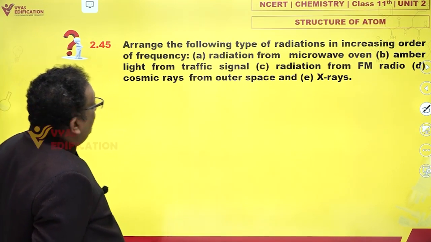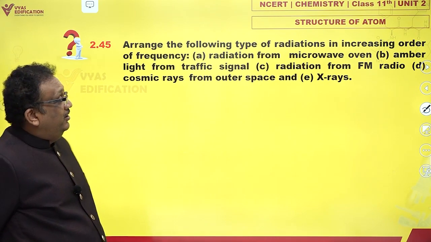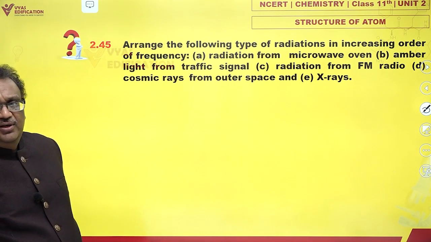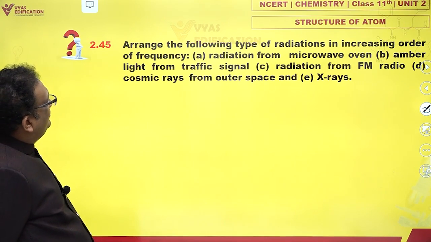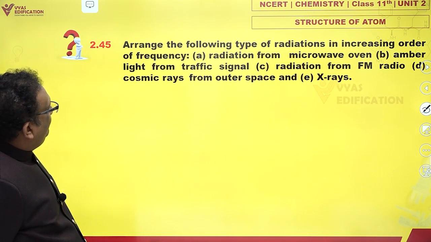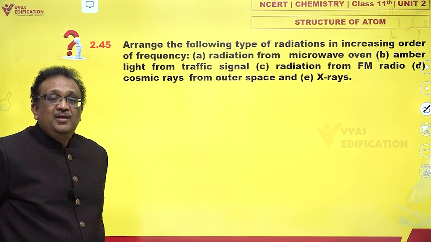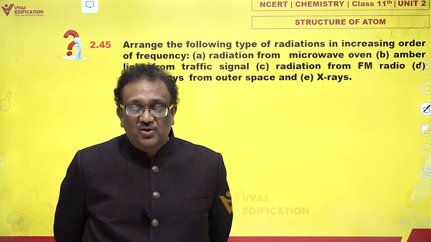Arrange the following types of radiations in increasing order of frequency. A. Radiation from microwave oven. Well, microwaves are really long wavelength waves and low frequency. B. Amber light from traffic signal. If a light is visible, then that is obviously better off than radio waves.